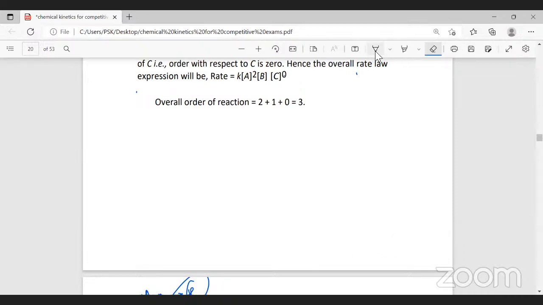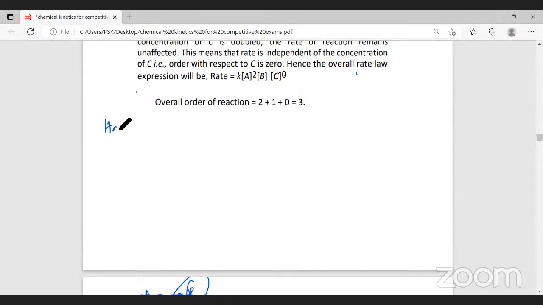All right. Now, the definition we have to learn is called half-life period. This half-life period is represented as T half, T 50%, or T 0.5. Now, what is this half-life period?